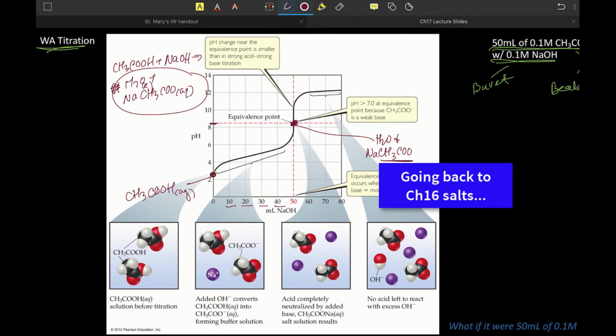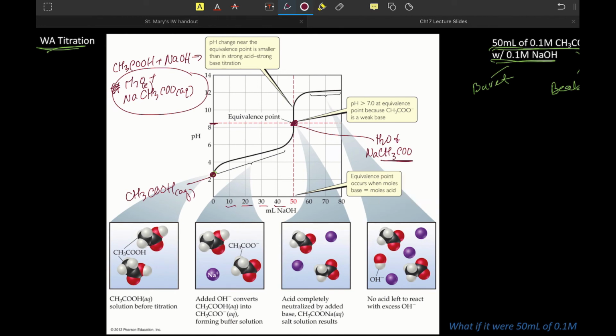Its conjugate base has a tendency to abstract protons from water, leaving hydroxide ions behind, leading to a pH that is basic for my overall solution. So here, what's the same is that only products remain at the equivalence point. But now the characteristics of those products are such that they affect the pH, which it didn't before.